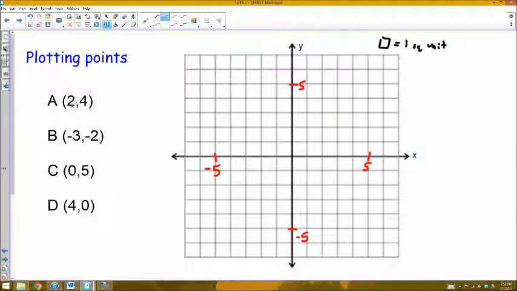Now, when I read off coordinates from a point, recall that points are always written with the x-coordinate first and the y-coordinate second. So that when I go to plot these points, point A will be 2 units to the right in the x direction and 4 units up in the y direction. A. Point B is 3 units left in the x direction and 2 units down in the y direction.